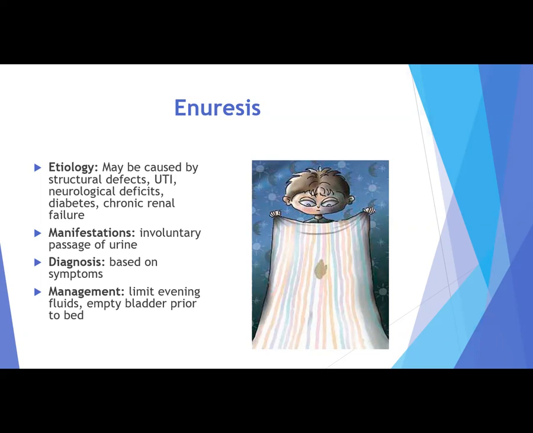So it can be a structural factor, can be secondary to a UTI from that need, that frequency, that urgency that we just talked about, maybe related to some neurologic factors, could be an indication that we've got early diabetes starting, most likely either diabetes insipidus or type 1, which we'll talk about in a couple weeks, could be chronic renal failure. The other thing that's not listed here is that it could be psychological, and we'll talk more about that in just a second.